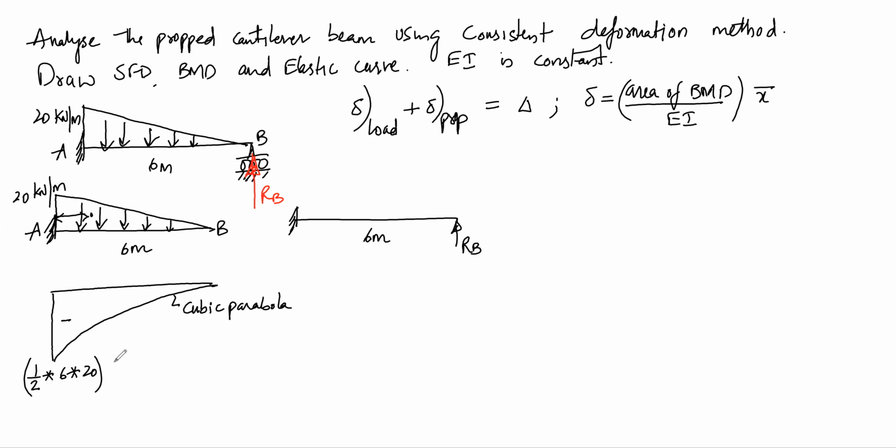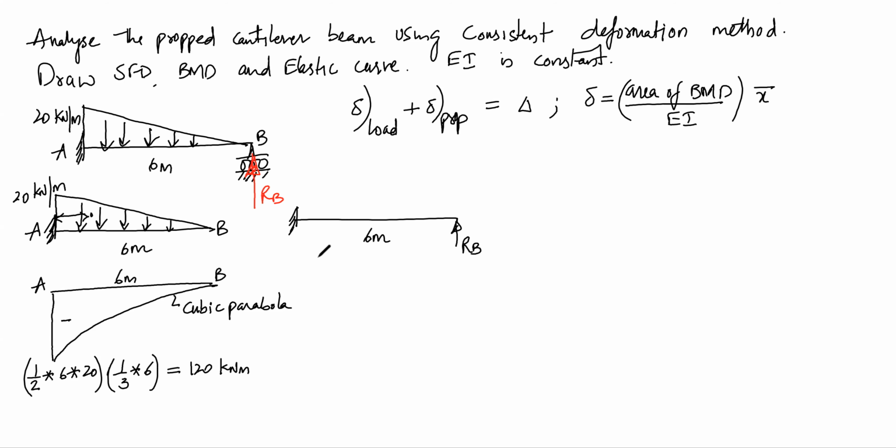So that distance is given as 1/3 of base. This is equal to 120 kilonewton meter. This is point A, point B, and 6 meters.